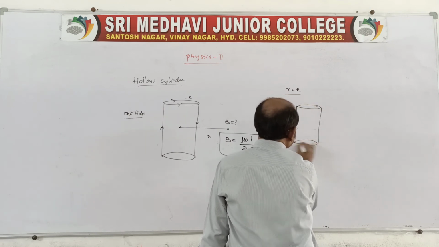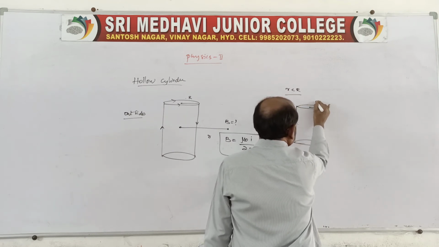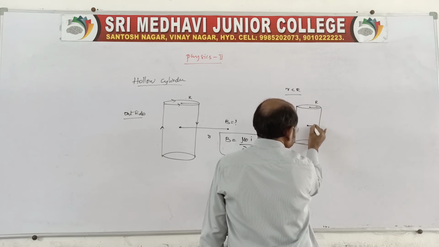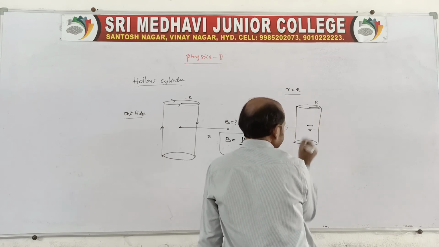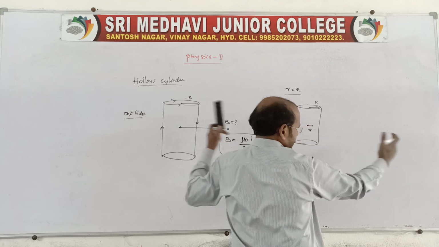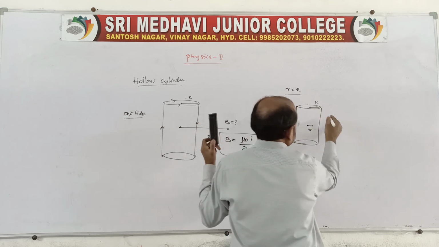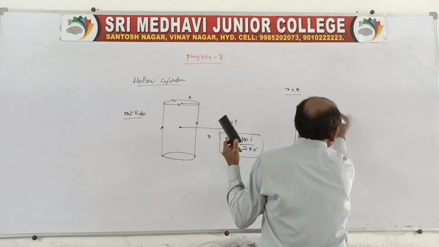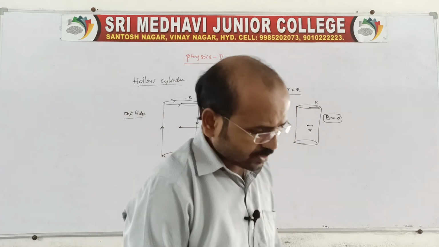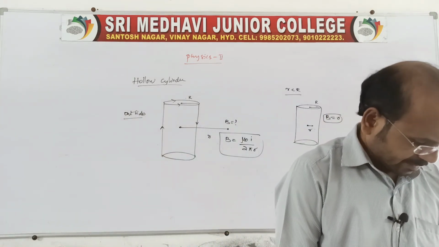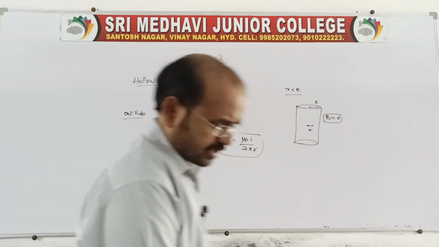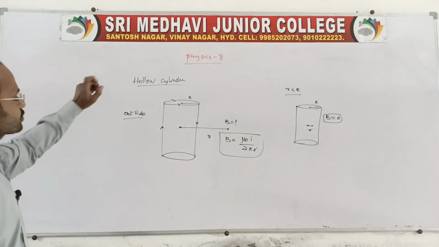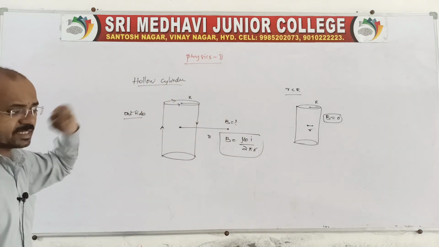The field will act away, according to the current carrying conductor, so inside B will be 0, because there is no current. Like this, we have different examples related to straight current carrying conductors.